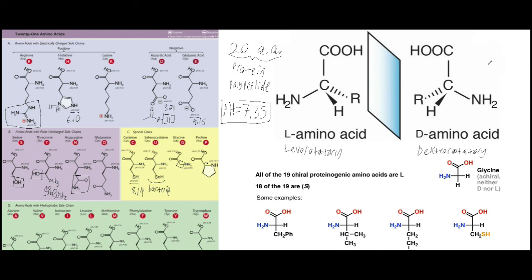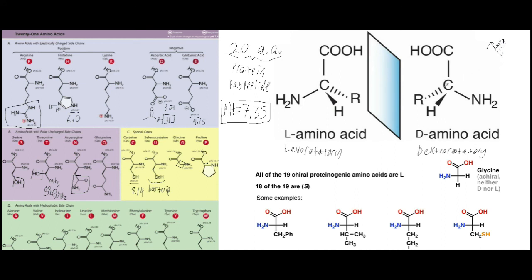So if we had light that was polarized completely upward like that, if we sent it through a mixture that had equal parts L and D, this would not change. But if we sent it through one that had more L than D, or if it was just all L, then it would maybe shift this way by some theta degrees.